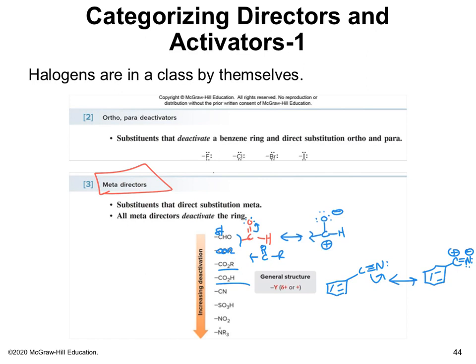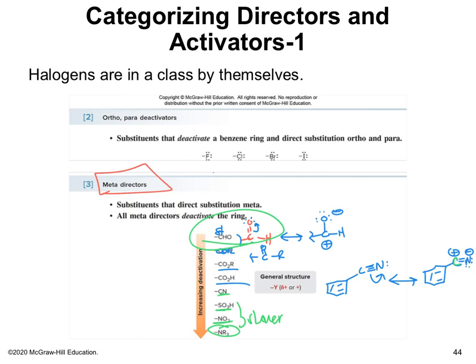So that gives the carbon positive. So nitrile would be a positive carbon and a positive nitrogen. Also notice that these are increasing in deactivation, so these are going to be slower than, say, an aldehyde.